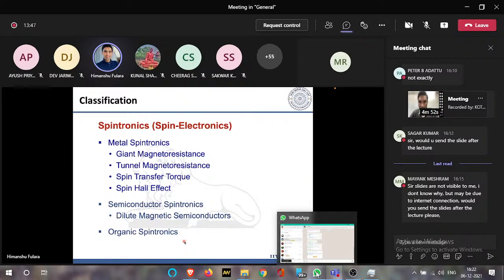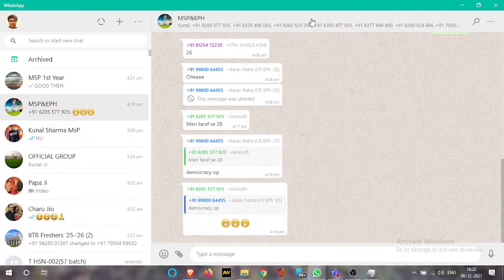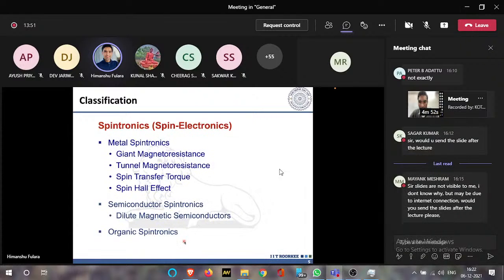Now, if you look at the classification, spintronics is broadly classified into three parts. One is metal spintronics, which has giant magnetoresistance, tunnel magnetoresistance, spin transfer torque, and spin Hall effect. These are the four salient concepts of metal spintronics.